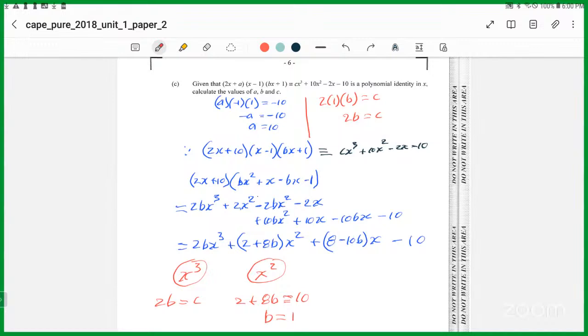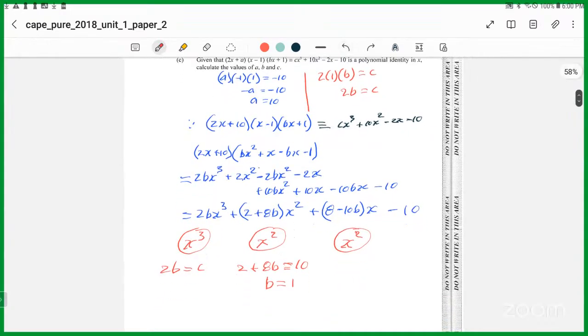If you use the x terms, which is this and the negative 2, we would be getting 8 minus 10b equals negative 2. Again, b needs to be 1 because 8 minus 10 is negative 2. So b equals 1.